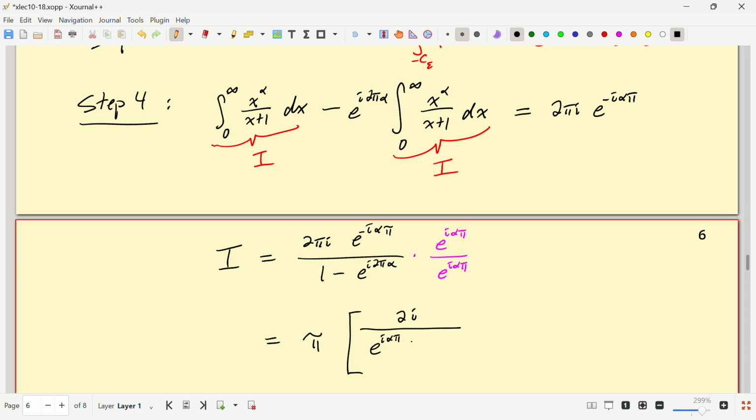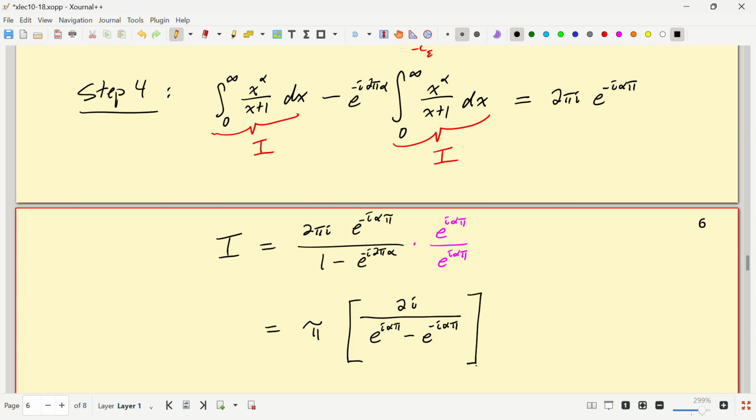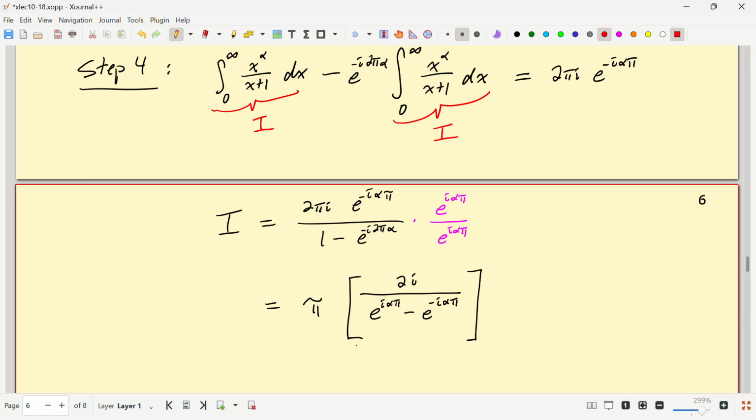Oh, what did I skip? I'm sorry, this was a minus i alpha pi. Thank heavens, because now I get what I want. I get e to the minus i alpha pi when I multiply that through. And that's 1 over the sine of something, equal to 1 over sine alpha pi. So this integral has a nice looking answer. It's pi over sine alpha pi.